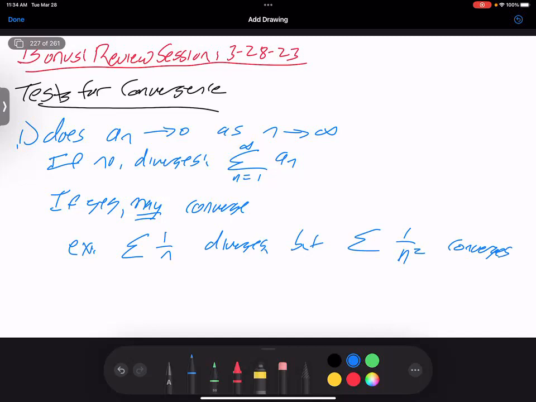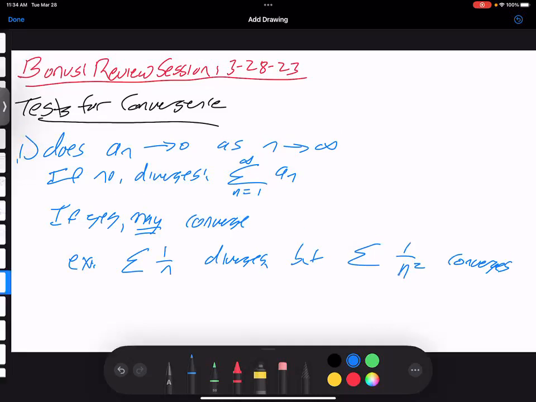Just because the terms tend to 0 doesn't mean that the series converges. It just means you have a chance. Okay? So I think this is the simplest test to use. If you're lucky enough to see that the terms aren't tending to 0, then you know it has to diverge. If the terms are tending to 0, then you have to do more work.